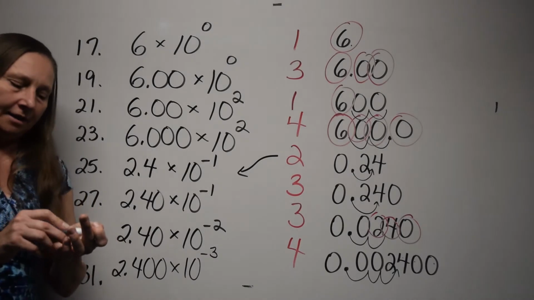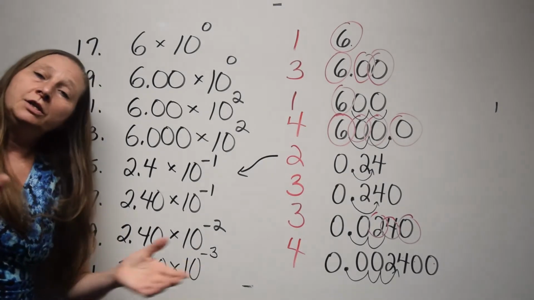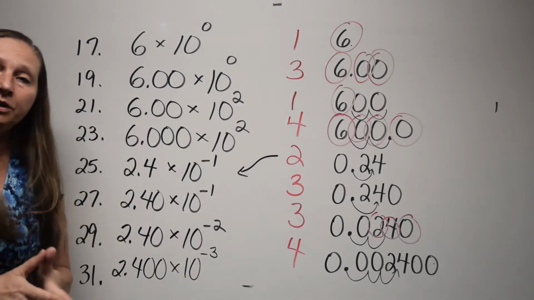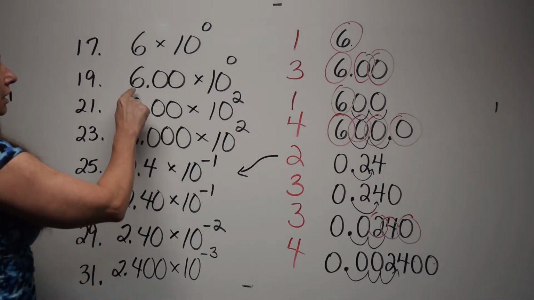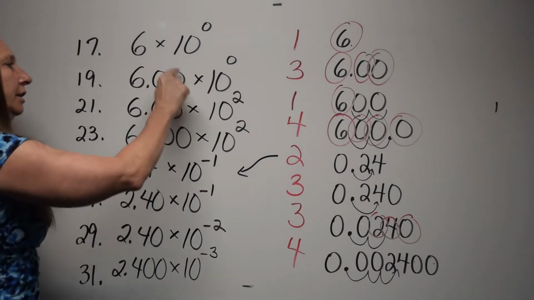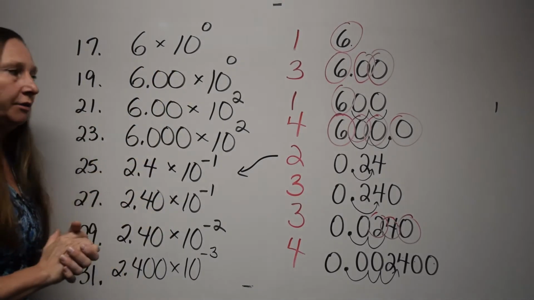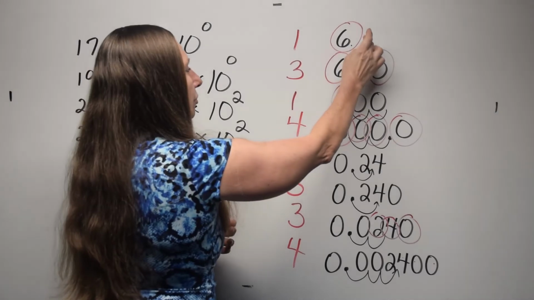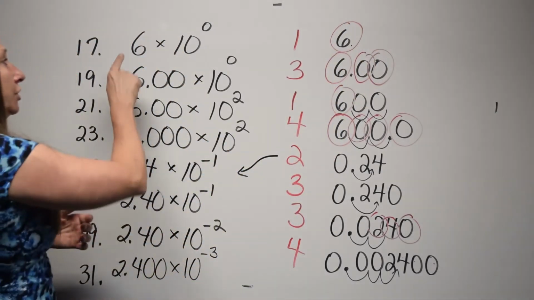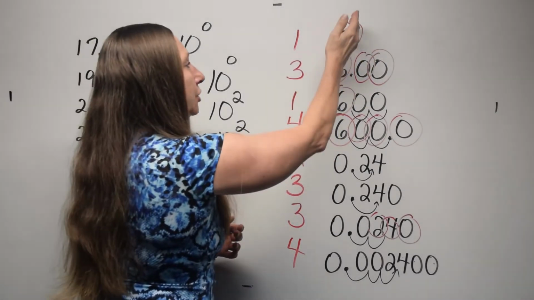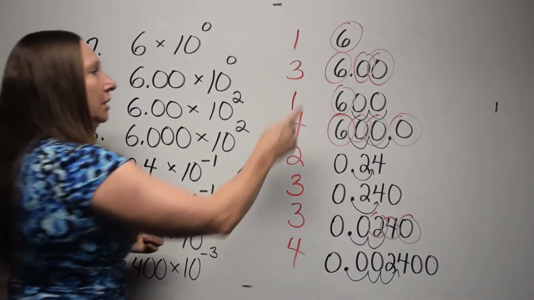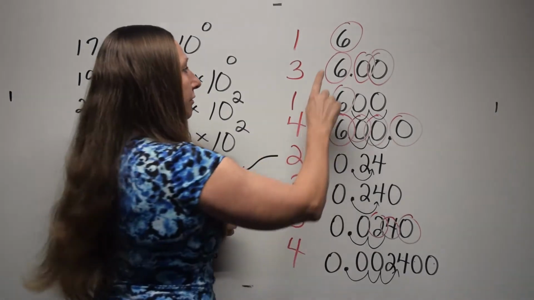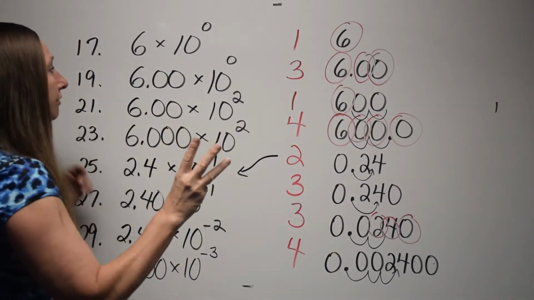So again, scientific notation is very easy in some respects, because the numbers in the mantissa have to all be significant. In this case, you had one significant number, so there's only one number here. This is the number 6, and this is also the number 6. But this number 6 has one significant figure, and this number 6 has 3 significant figures.